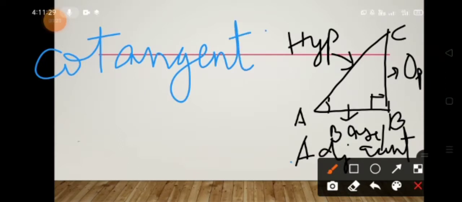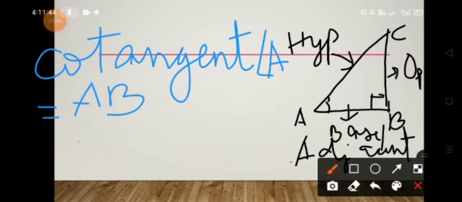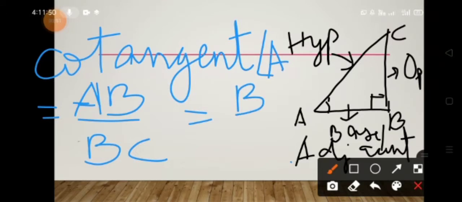Cotangent of angle A would be equal to base by opposite. Okay, base by opposite. What is the base here? AB. Base here AB. Opposite is BC. AB by BC. Base by opposite. Okay.